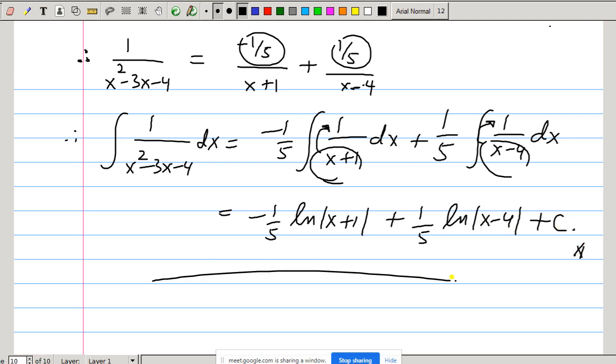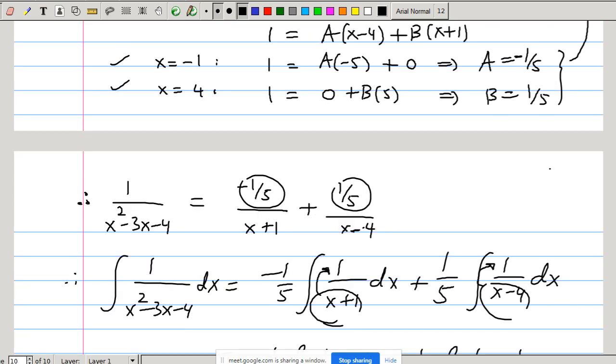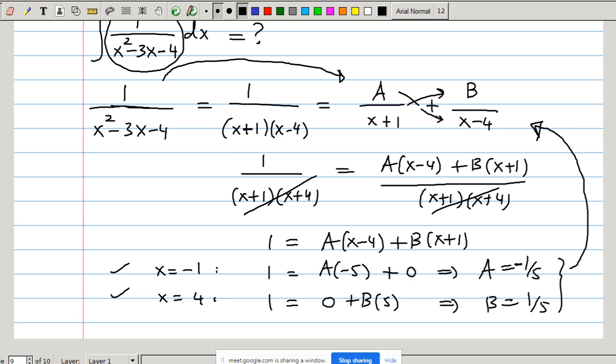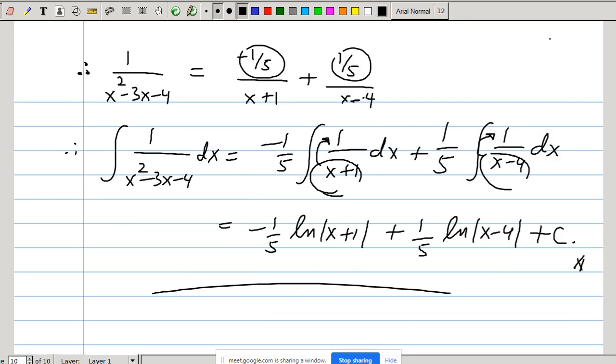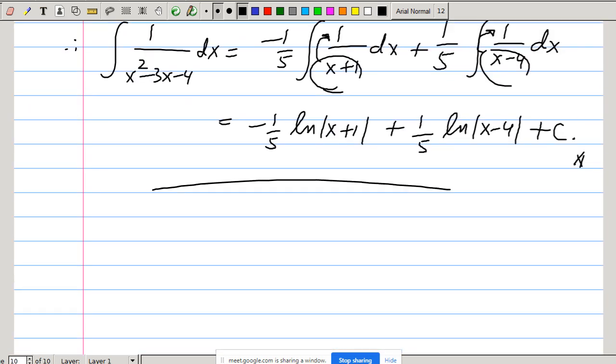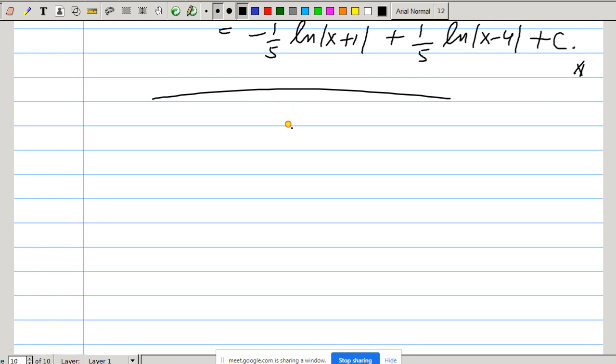So this is your partial fractions technique, and just to make it easy, I will just give you linear factors in the denominator. In the denominator there are linear factors, it's very easy. So what formula did I use here? If you have any linear expression ax plus b, you can use this formula directly: log of ax plus b, log of the denominator.